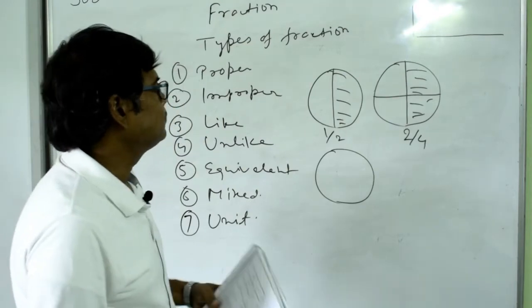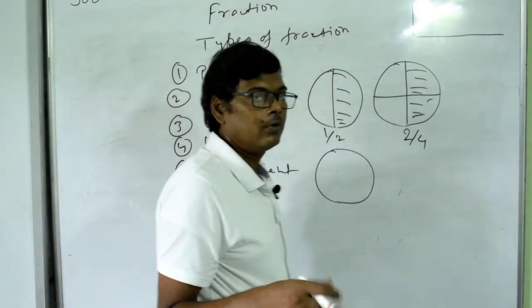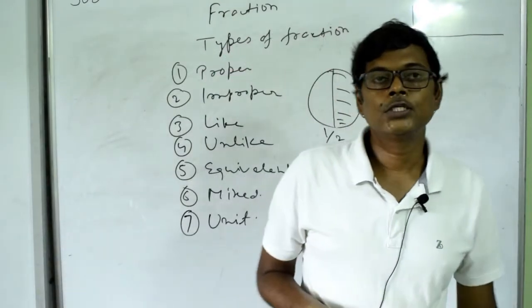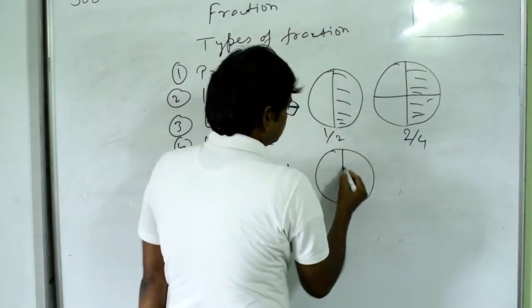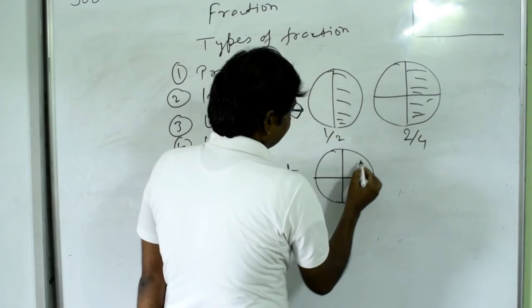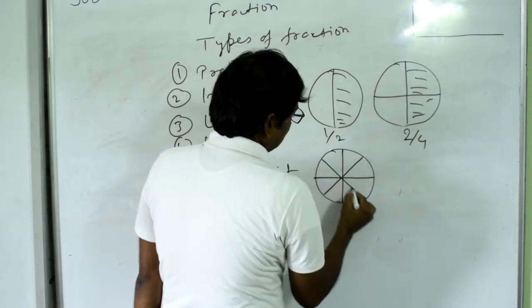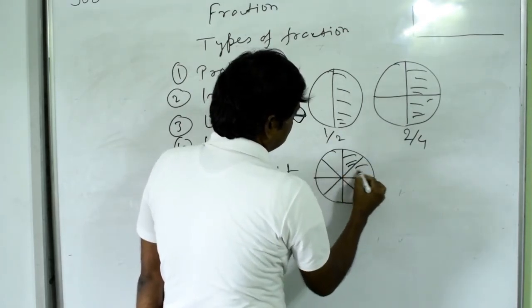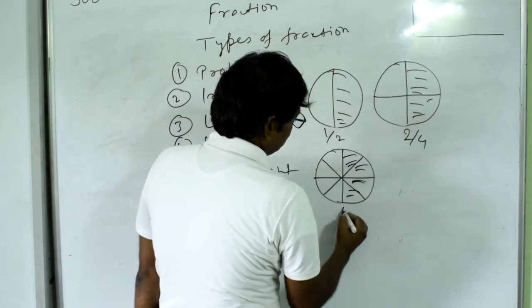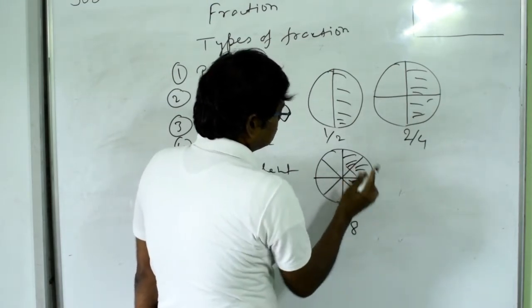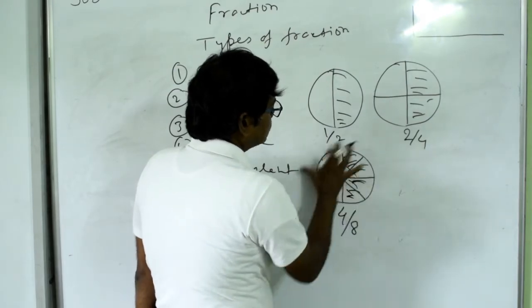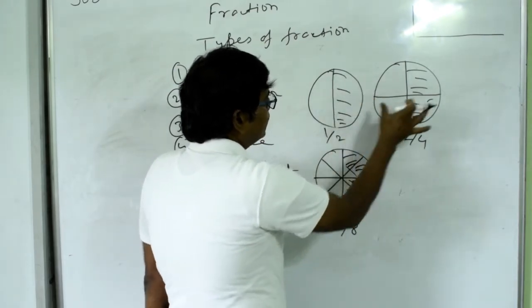So we can have many equivalent fractions for a given fraction. Here it is 1 by 2, then 2 by 4. We can make one more: if you divide this into 8 equal parts, and these are the 4 parts, this will be 4 by 8. Again this is the half part of the whole circle, here also half part, here also half part.